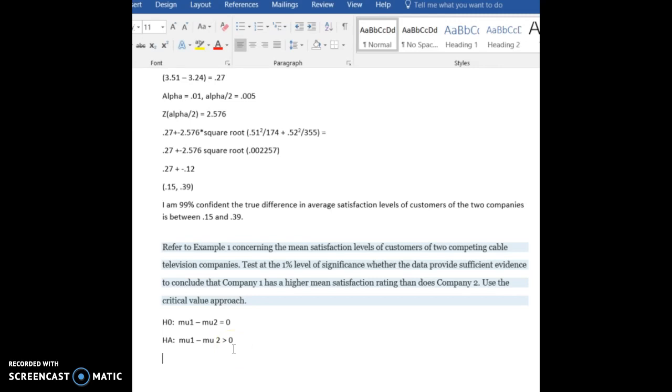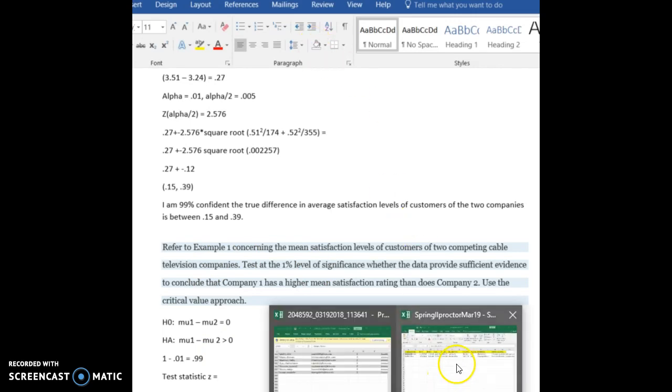So we really want 1 minus 0.01. We need to put 0.99 into StatTrak to get the proper test statistic. So let's go to StatTrak and put in 0.99.